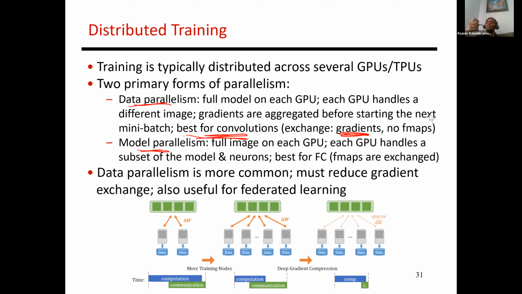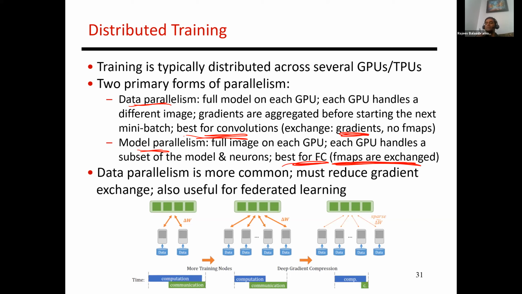And so what ends up getting exchanged are the feature maps for all of these images, right? So the gradients, not so much, because each GPU is responsible for all the operations that pertain to one weight, right? And so those weight updates are local, but the feature maps have to be seen by all of the GPUs. Okay, and so this is a better fit for fully connected layers.